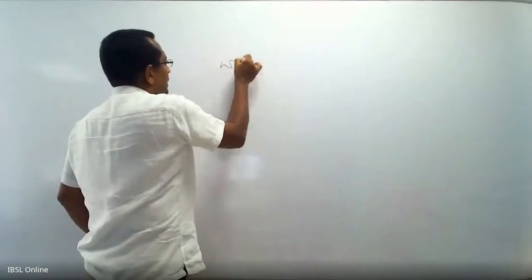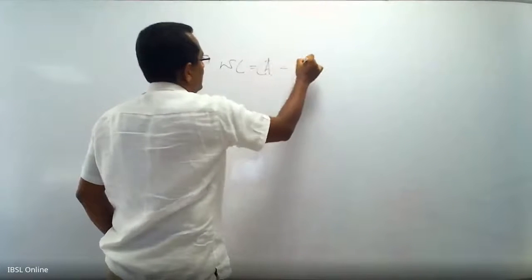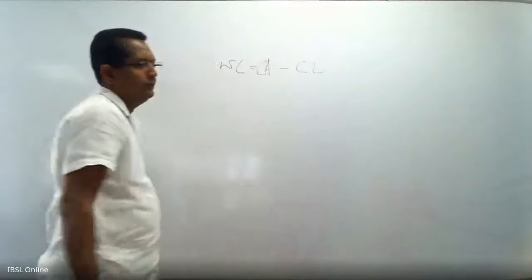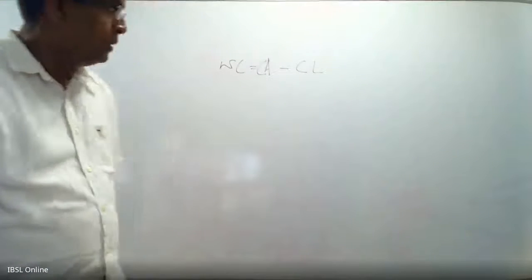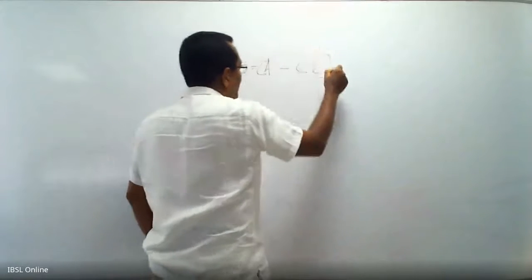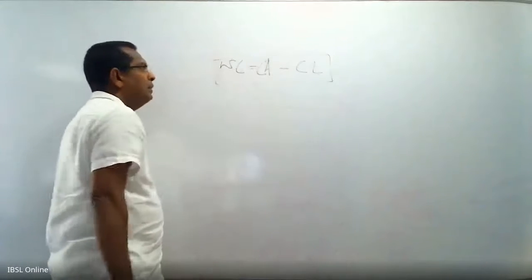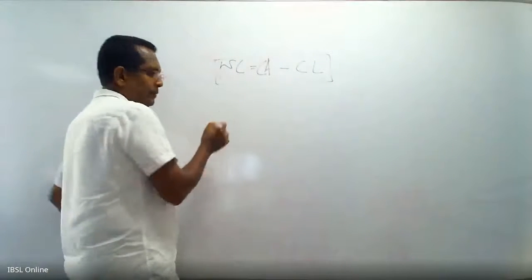Working capital equals current assets minus current liabilities, right? This is working capital. So this is the very basic form of saying what is working capital. We have several things under working capital.